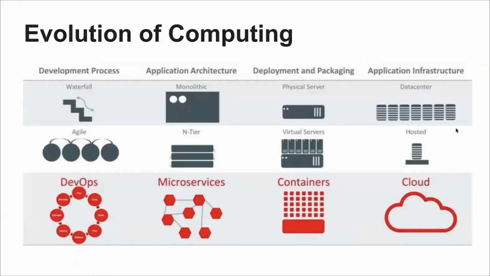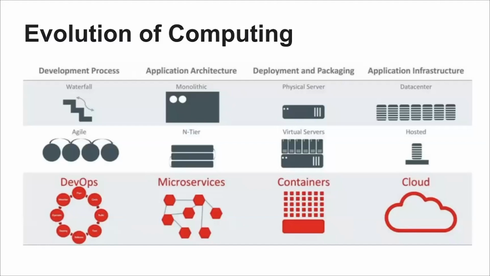If we now talk about the evolution of computing, in the traditional way, the development process was something like waterfall. Then we moved to agile, and then further to DevOps.